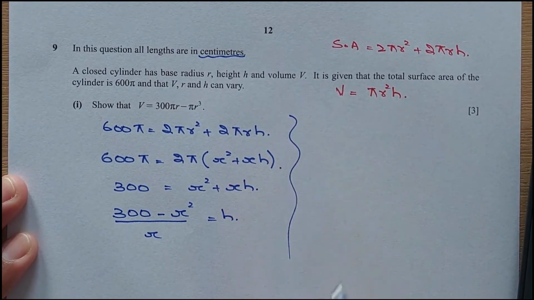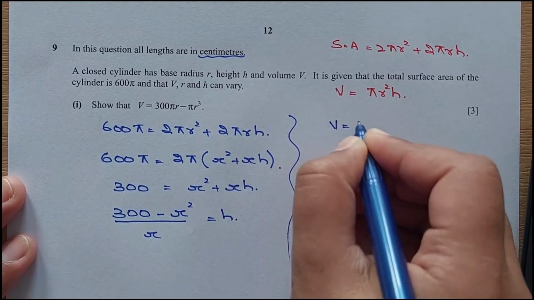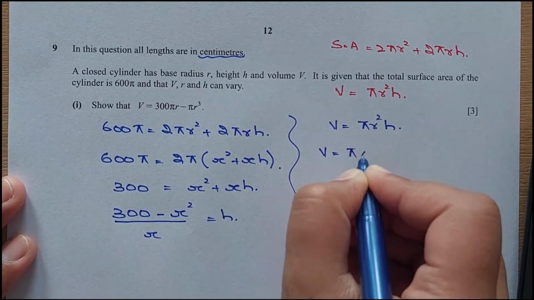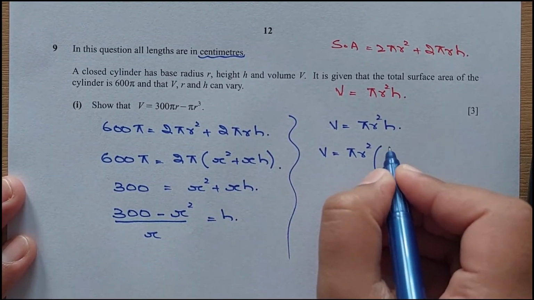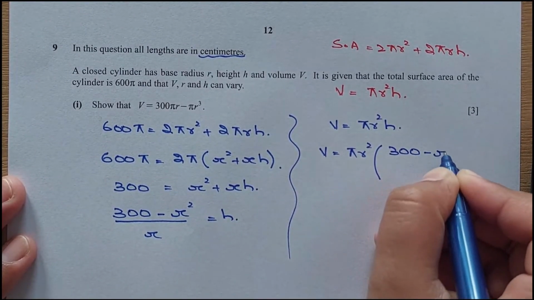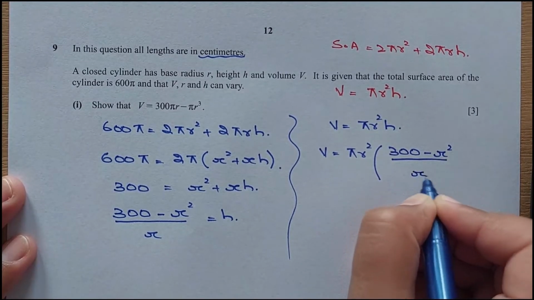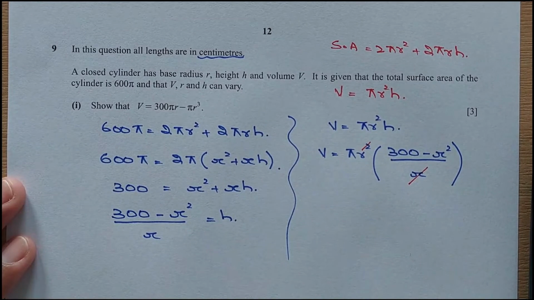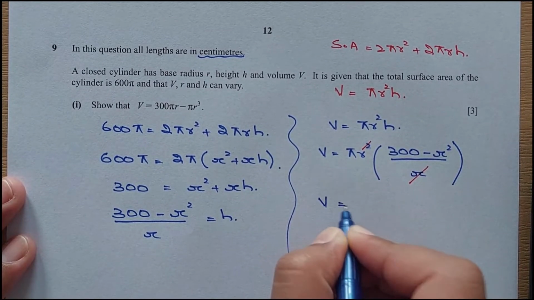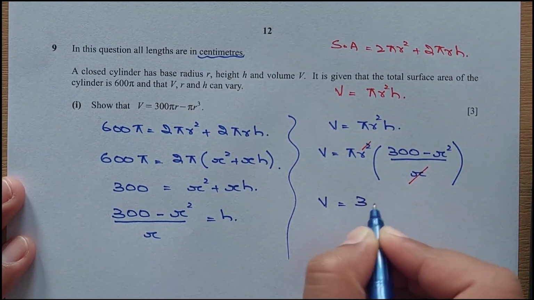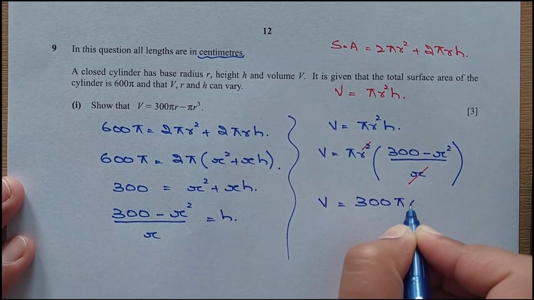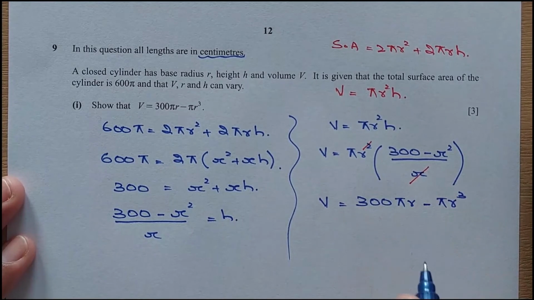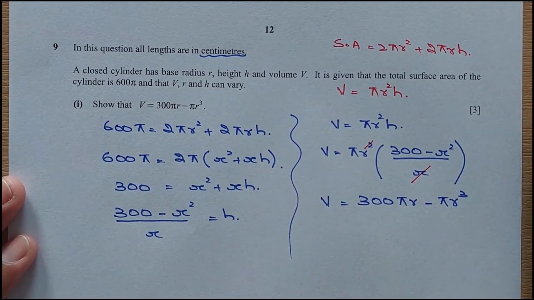Okay, now using the information for the volume, volume is pi r square h, so pi radius square, putting the value of h, that is 300 minus r square divided by r. So we can cancel this r square with this r, and opening the bracket, we have v equals 300 pi r minus pi r cube. This is square and this is r, so this exactly matches the volume, right?